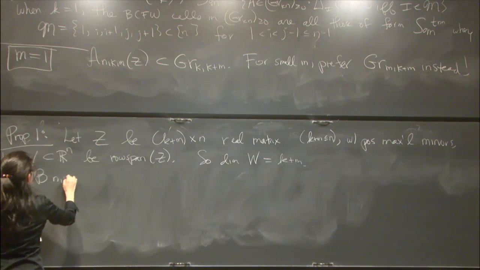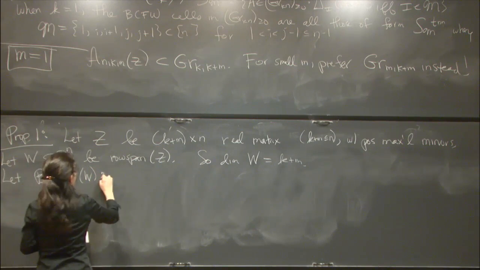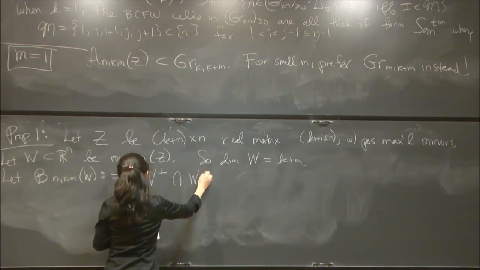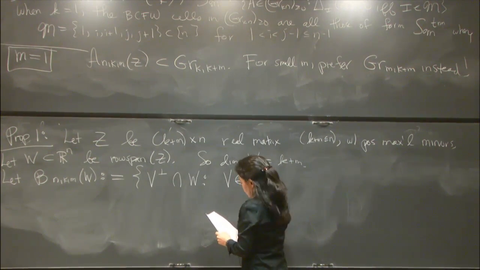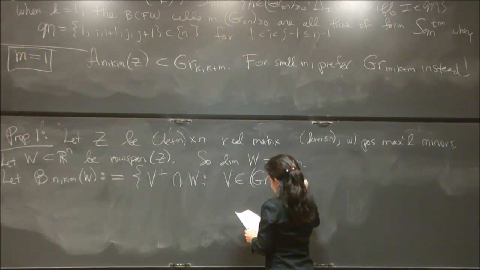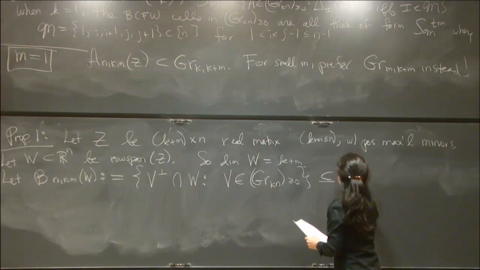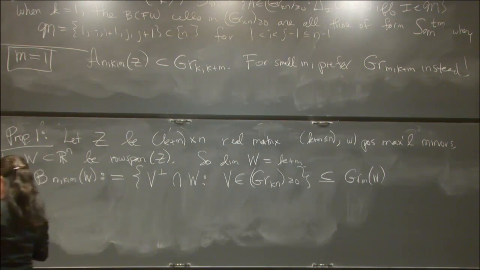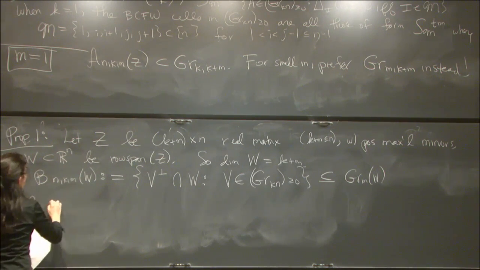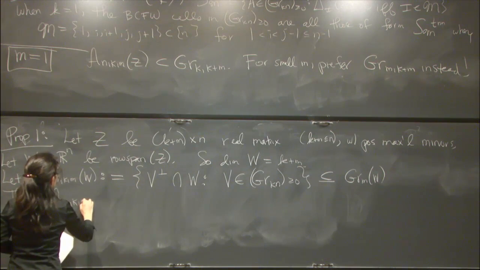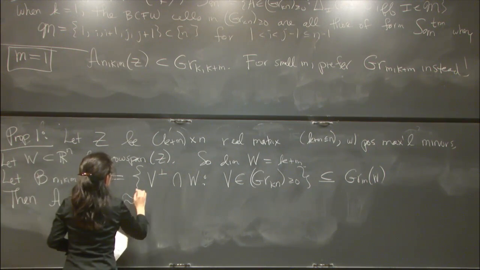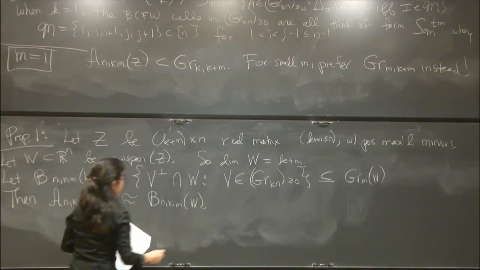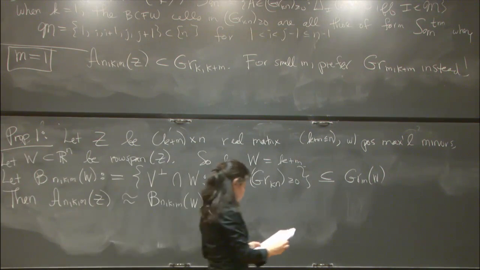And let's let B_{n,k,m}(W) be the set of all things of the form V perp intersect W, where V runs over elements of the non-negative Grassmannian. And this is contained in the right dimension of Grassmannian we want. And the statement is that the amplituhedron is homeomorphic to this, if you like, B amplituhedron.